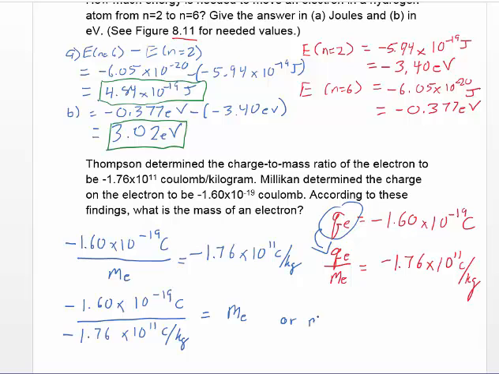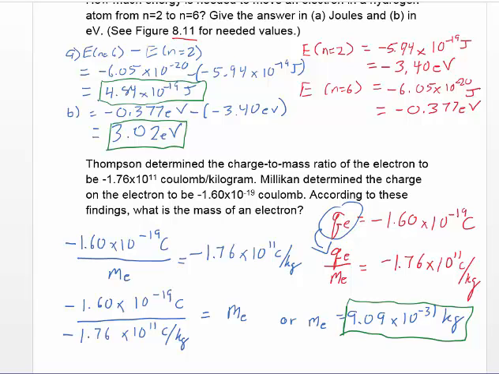If we divide those two, we get 9.09 times 10 to the minus 31st kilograms. Three significant figures is correct, because we only had three significant figures going into that, and that would be our answer. Now we can actually determine the mass of the electron.